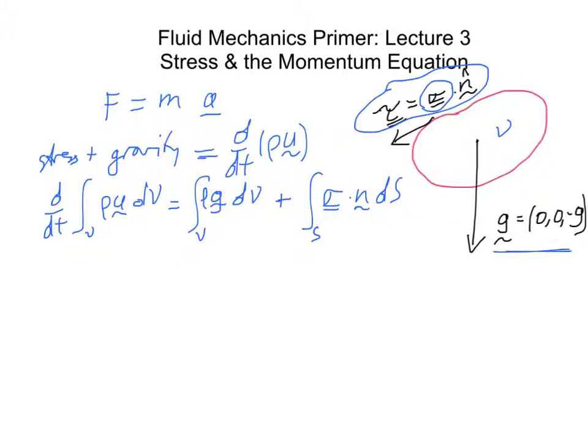The next steps are going to become pretty familiar to you if you've watched the last two lectures, and we're going to use Leibniz in 3D to deal with this left-hand integral. So that just becomes the integral of d dt of rho u, and we're going to have a dV here, plus integral over the surface of rho u times u dot n, okay?